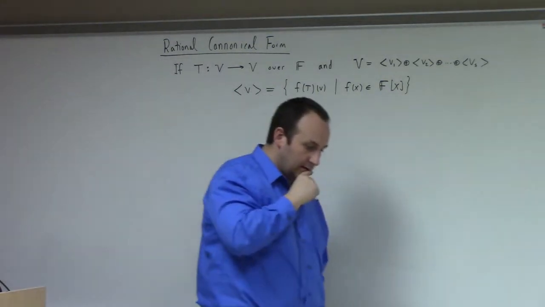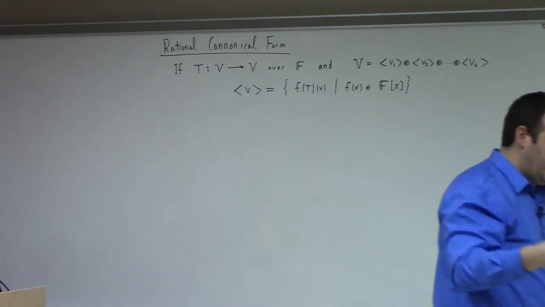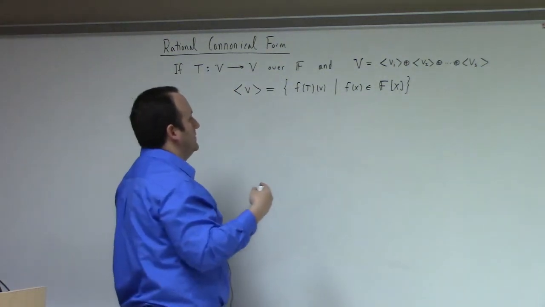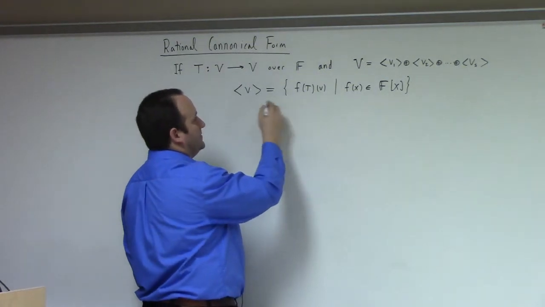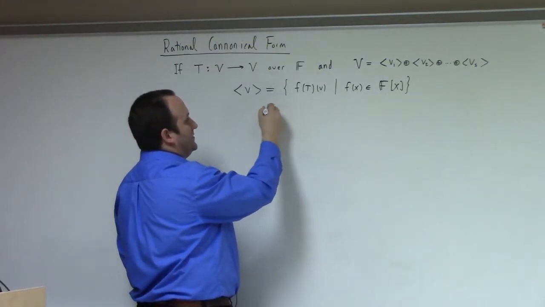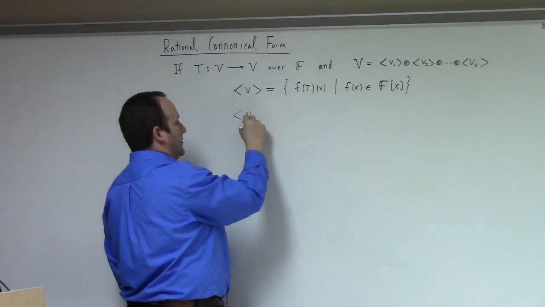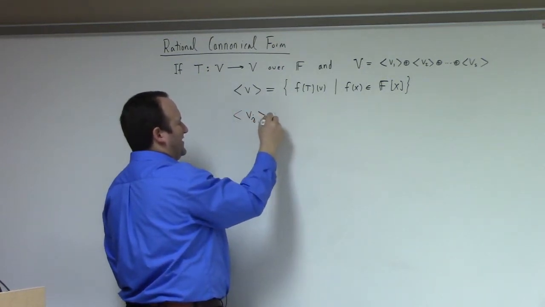All right, and that basis is formed by, how's it go? You can do this for a particular V_j. I'm trying to remember. I forget exactly.